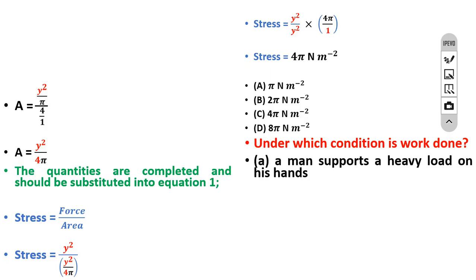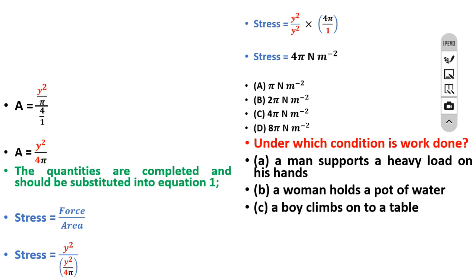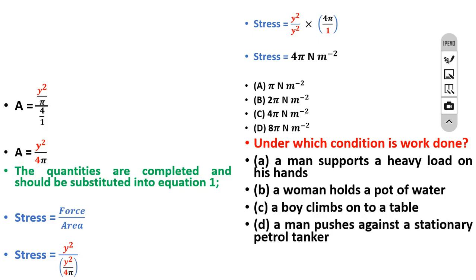Okay, so the first condition is given here, and it says, a man supports a heavy load on his hands. A woman holds a pot of water. A boy climbs on a table.